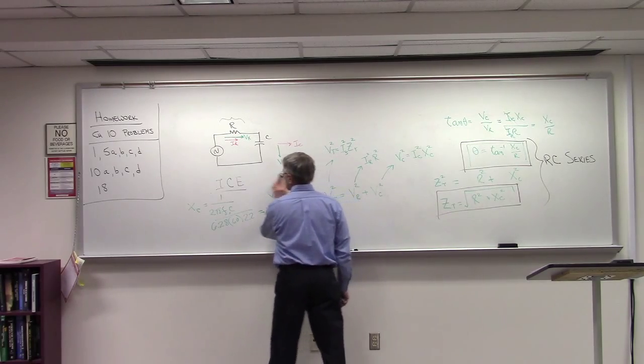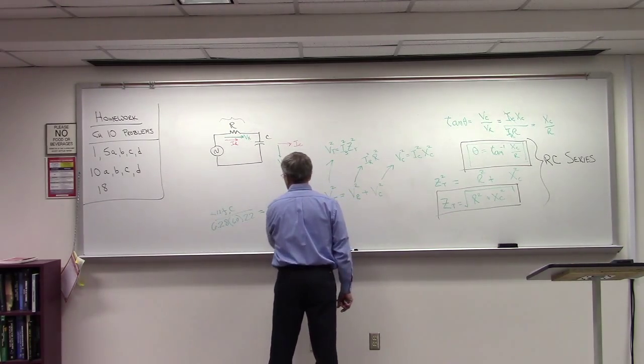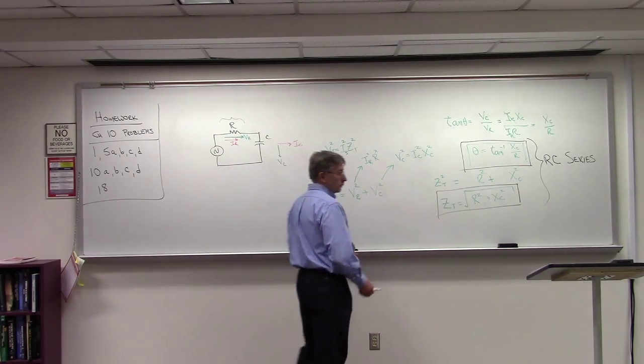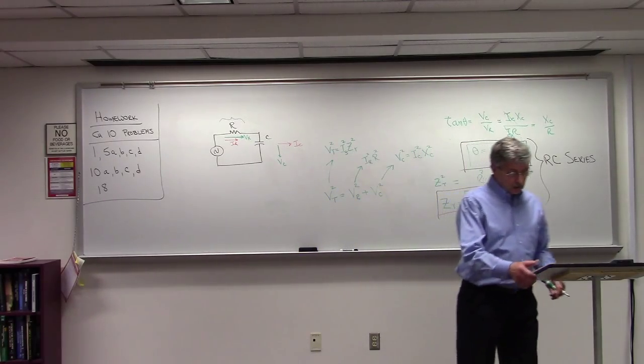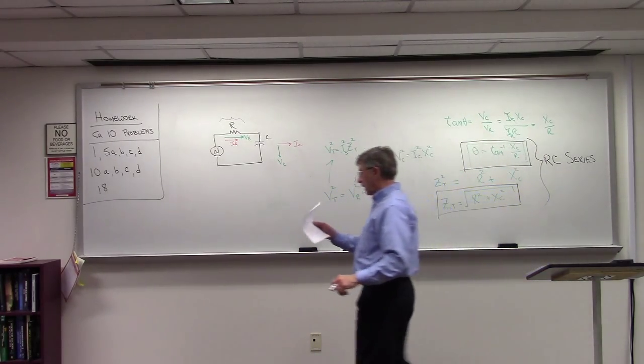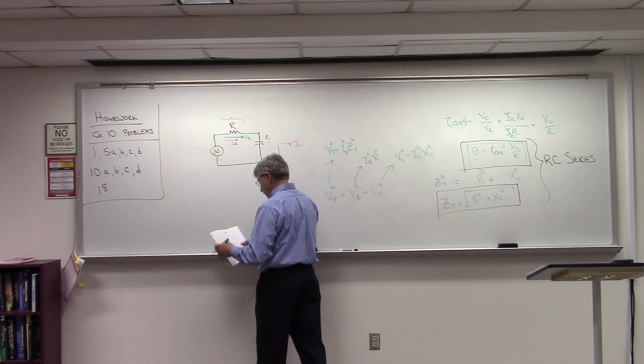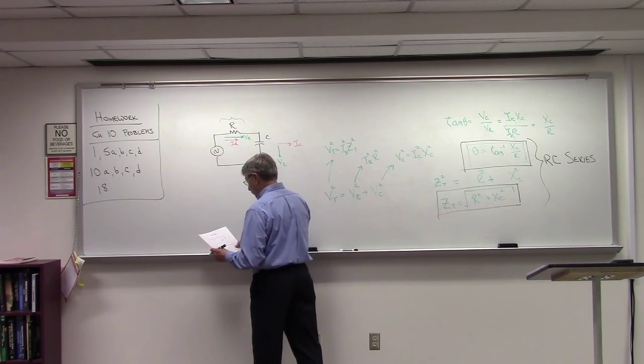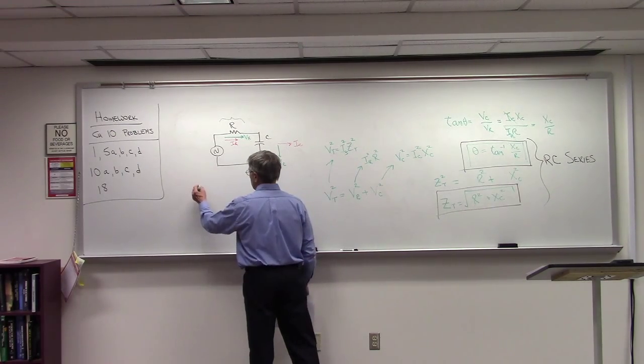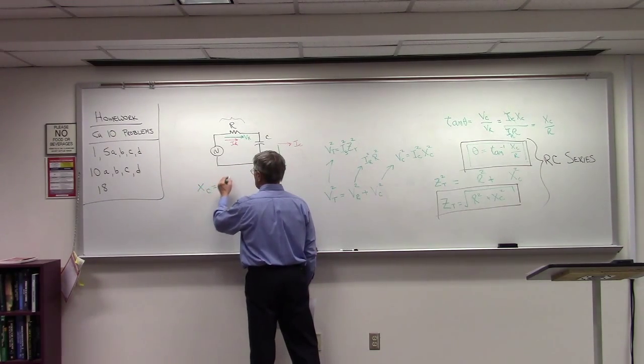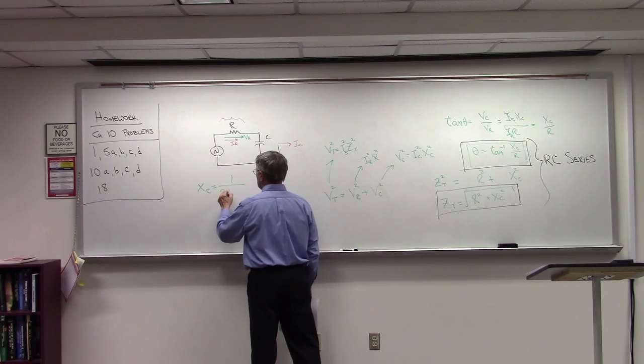Now the second one, not too much better. Let's look at the second one. We have 5 microfarads, and I'm asking for the magnitude and phase angle of the circuit. So again, XC is 1 over 2 pi FC.